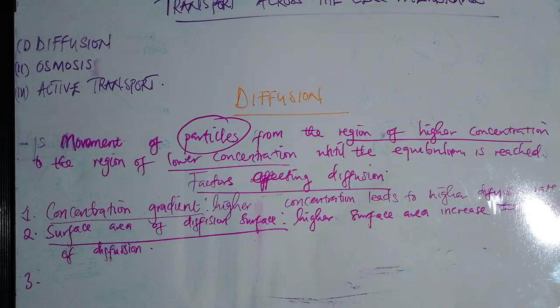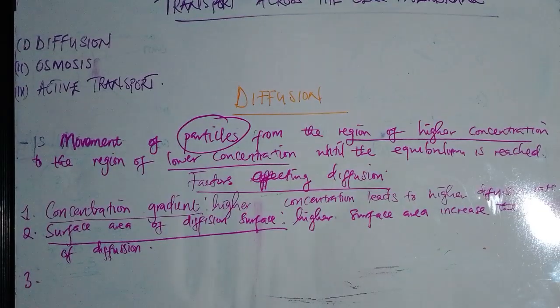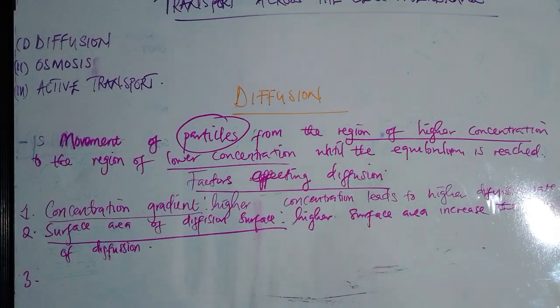Next is the thickness of the diffusing surface. So how does the thickness of the diffusing surface affect the diffusion rate?